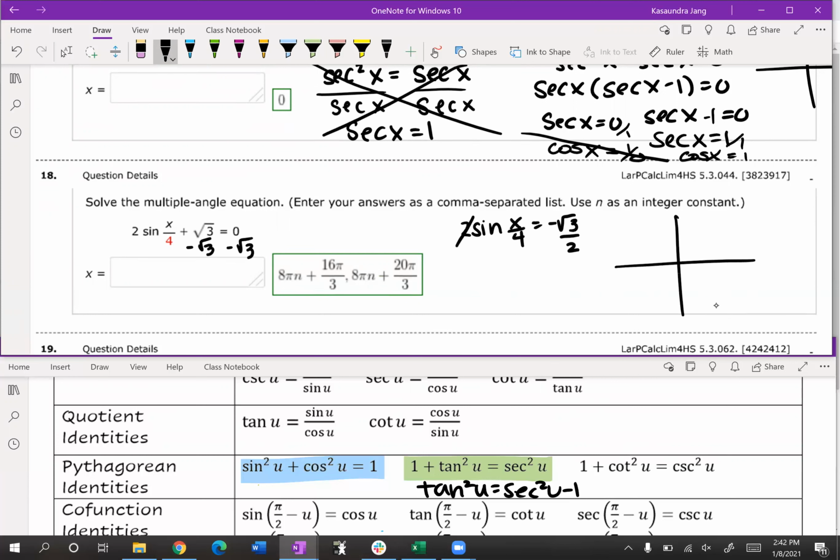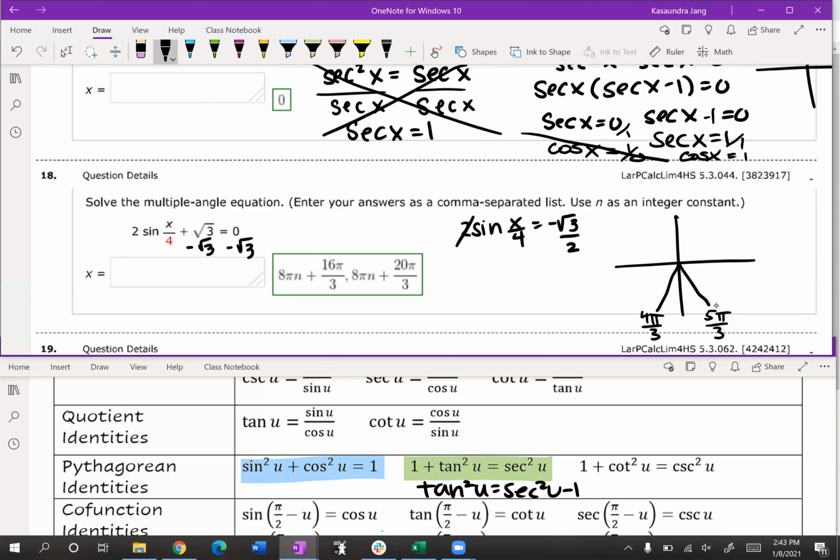Sine are y values. So I will get negative y values in quadrants 3 and 4. And it looks like that would be these two right here, which looks like 4 pi thirds and 5 pi thirds. There we go.